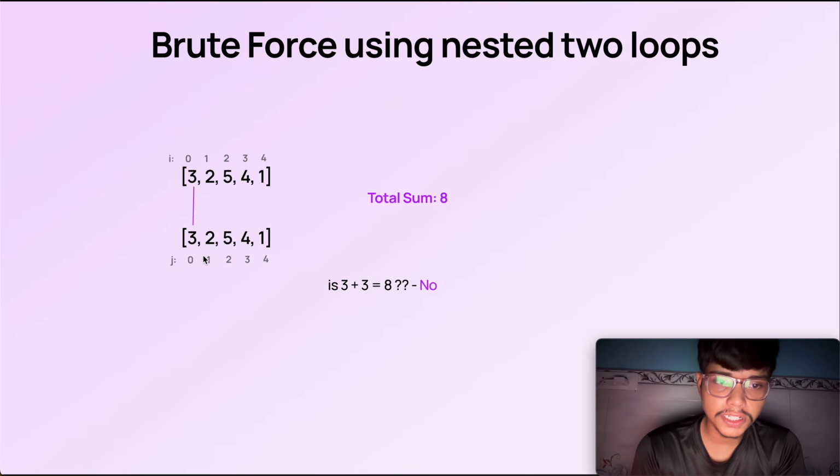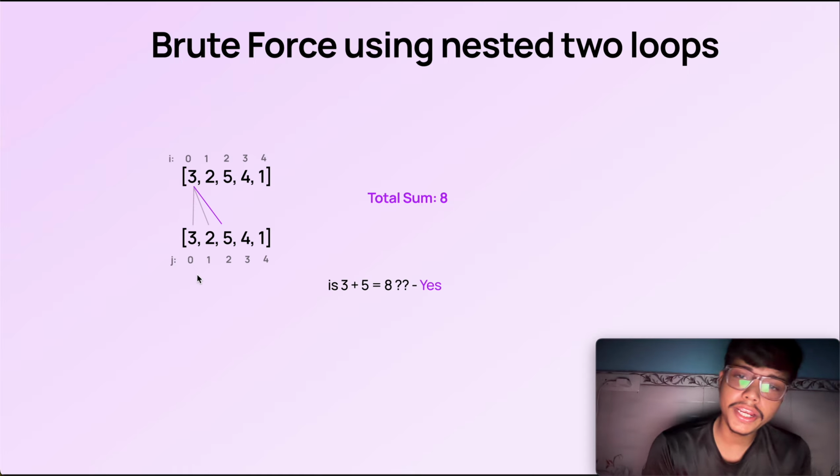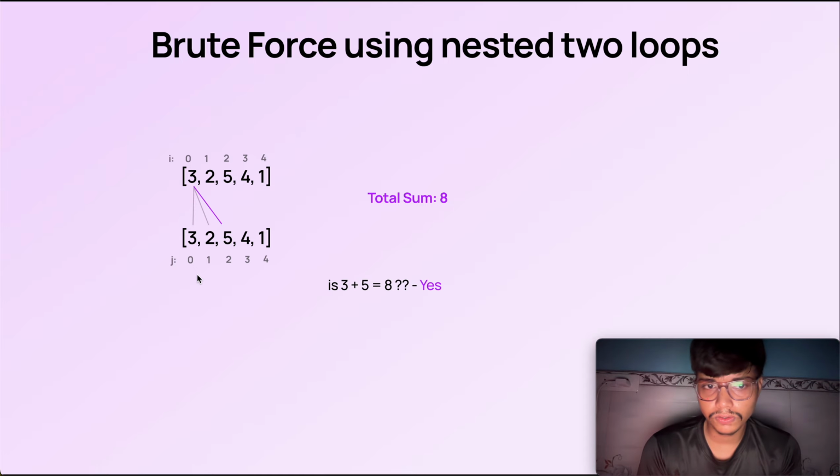Is 3 plus 3 equal to 8? No, so we did not find a pair. Second, 3 plus 2 equal to 8? No. 3 plus 5 equal to 8? Yes, that means we have found a pair, so we can just return their indices.